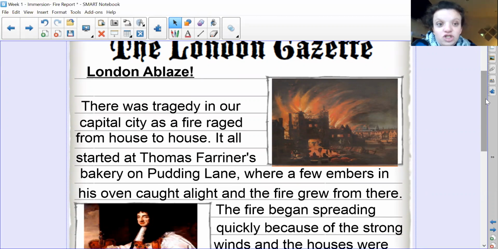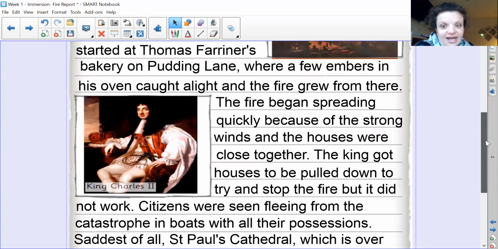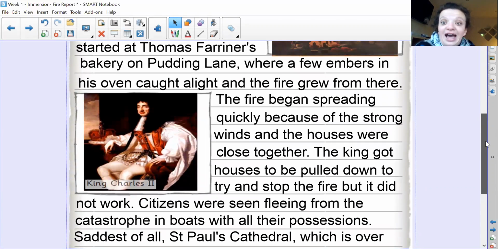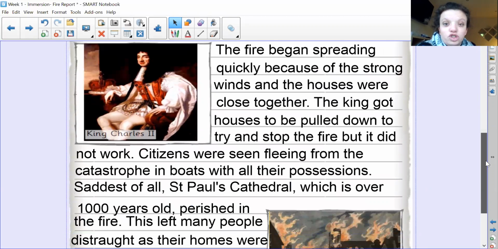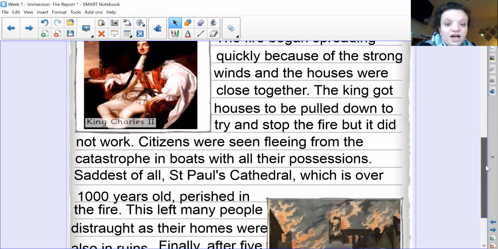So there was a tragedy in our capital city as a fire raged from house to house. It all started at Thomas Farriner's bakery on Pudding Lane, where a few embers in his oven caught alight and the fire grew from there. The fire began spreading quickly because of the strong winds and the houses were too close together. The king got houses to be pulled down to try and stop the fire, but it did not work.